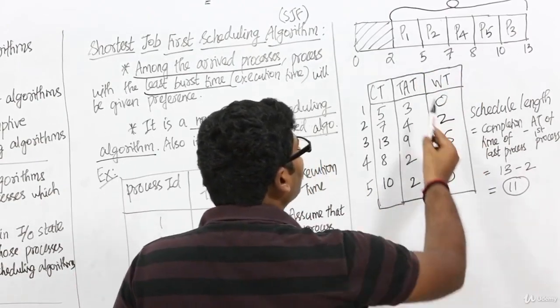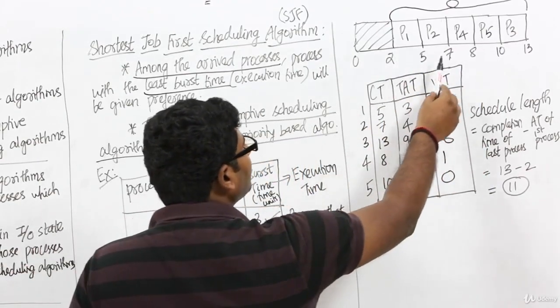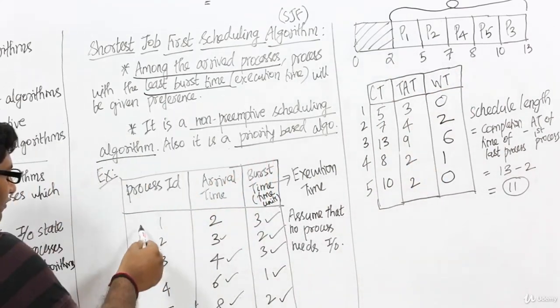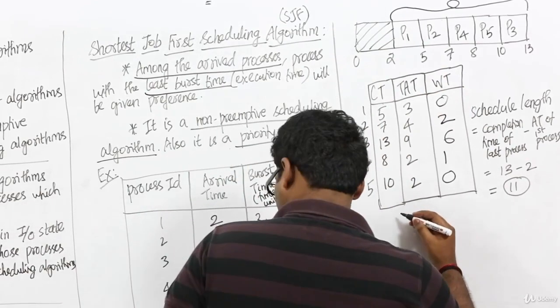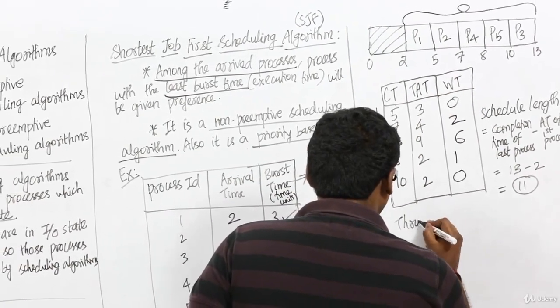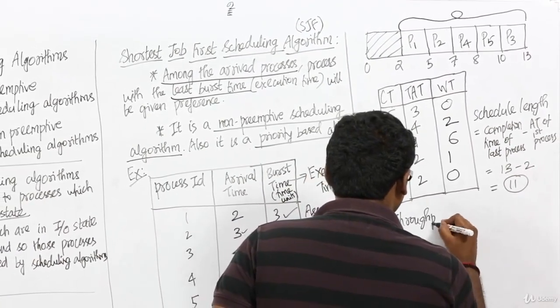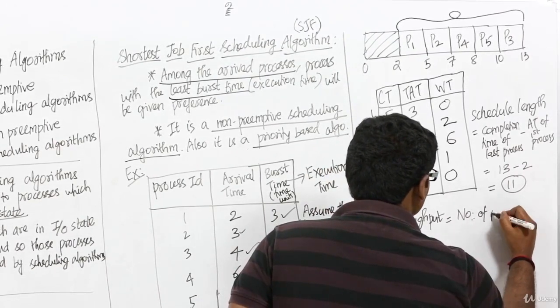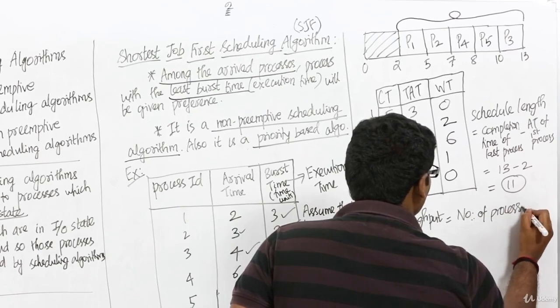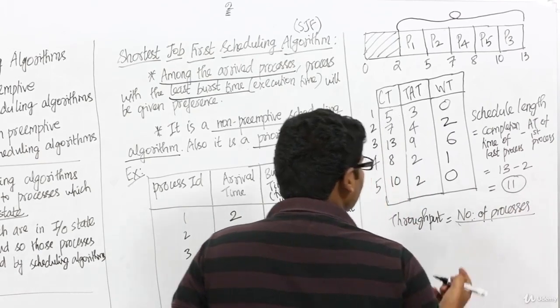We have executed 5 processes, P1, P2, P3, P4 and P5, which means they have given only 5 processes. So throughput equals number of processes divided by schedule length.